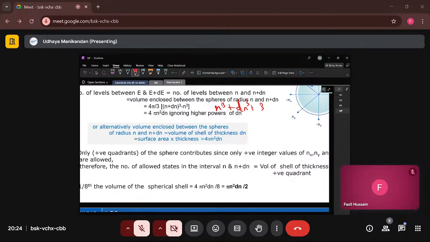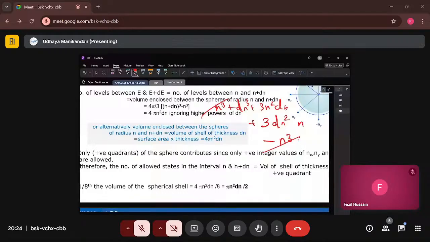Okay, so this is what we have. Again, n cube and minus n cube go off, and then we have dn cube plus 3 n square dn plus 3 dn square n. Now you can ignore the higher powers of dn. dn square will again be 0, dn cube becomes 0, so this becomes 0, but 3 n square dn stays.